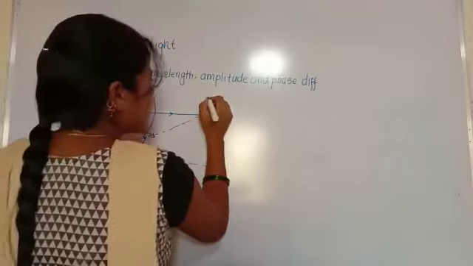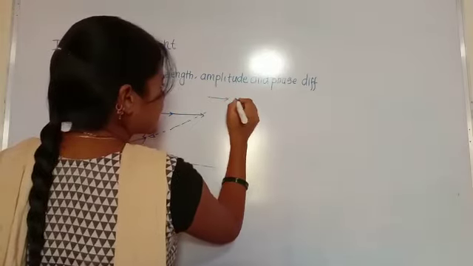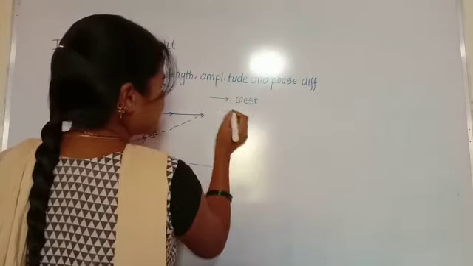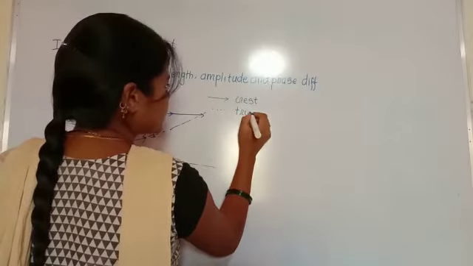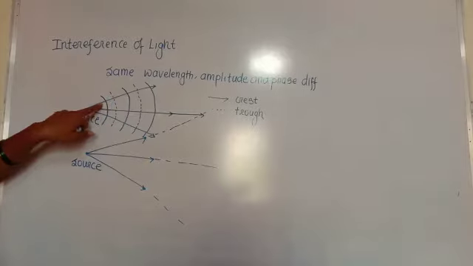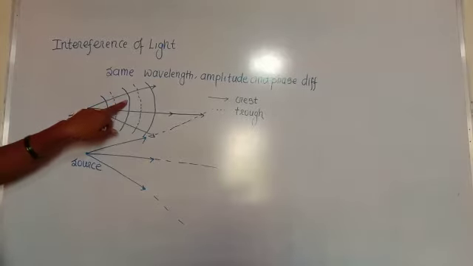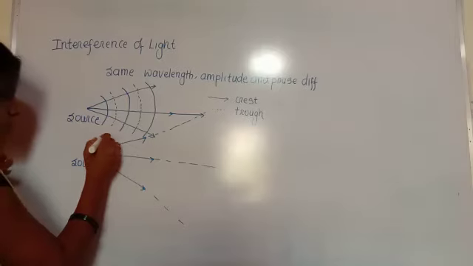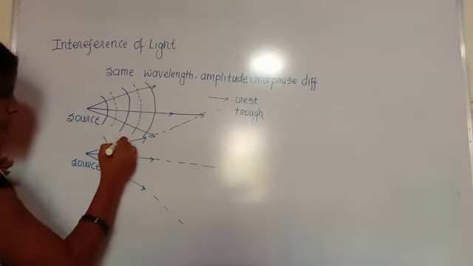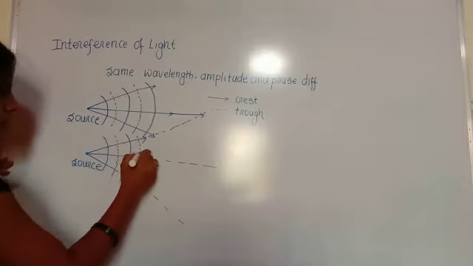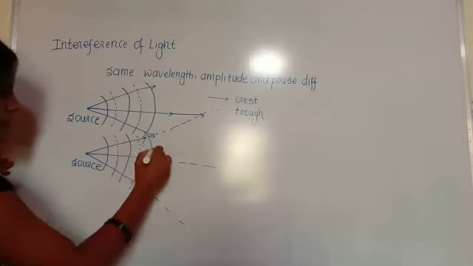The dotted line is called the crest, and the dashed line is called the trough. So this is crest, trough, and crest. Then another source also has crest, trough, and crest.